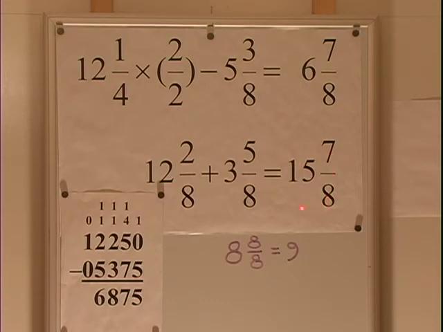Now my last step in the 9's complement procedure is to take that leftmost digit 1 and add it to the rightmost digit. And when I do that, I get 6 and 7/8. So 12 and 1/4 minus 5 and 3/8 equals 6 and 7/8, which is what I have here when you put the decimal points in, 6.875.